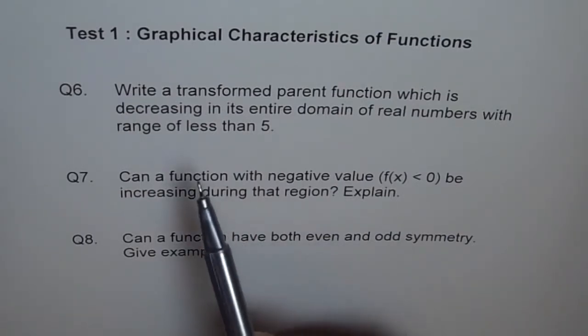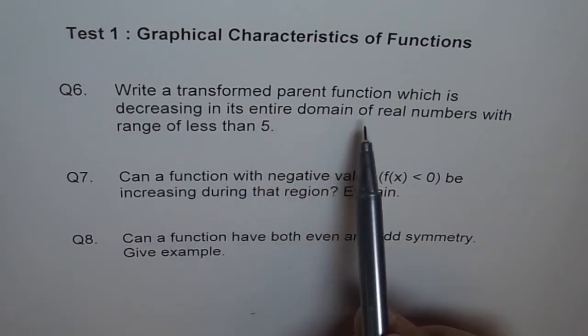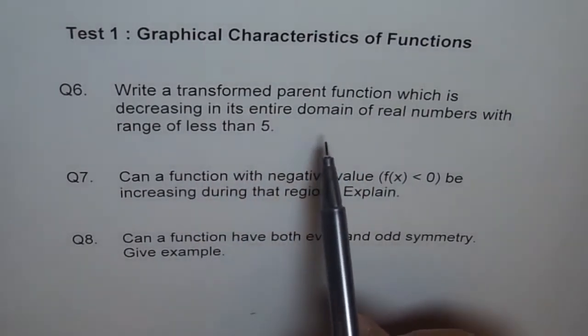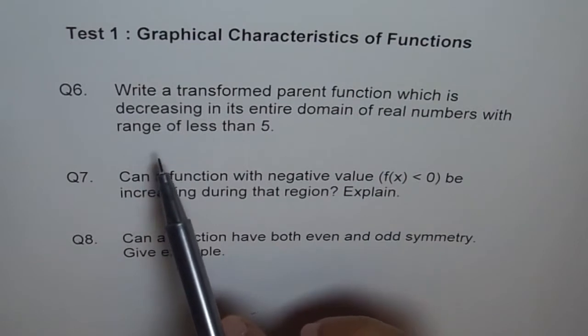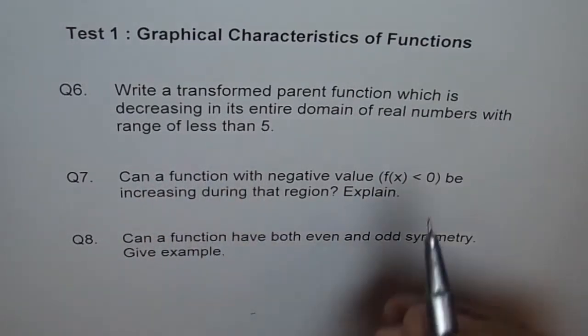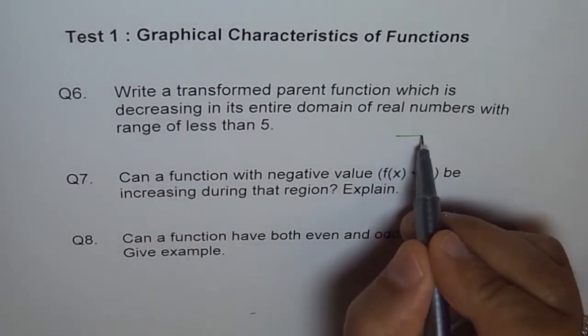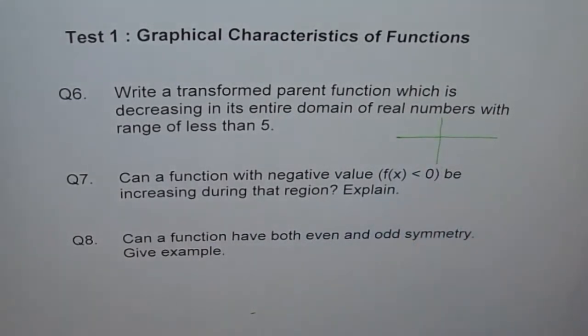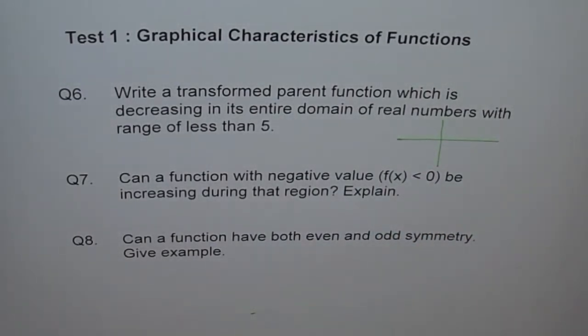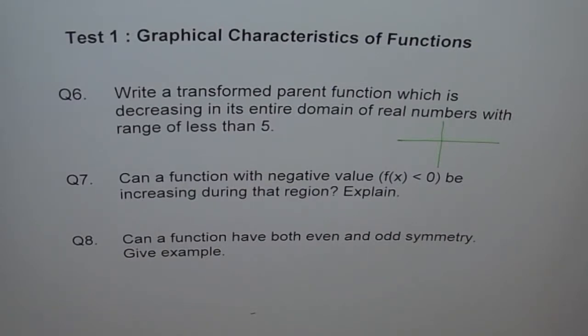Okay, the first one. Write a transformed parent function which is decreasing in the entire domain of real numbers with range less than 5. So if you remember your parent functions, the only parent function where the range is less than or greater than and which is on the entire domain of real numbers is the exponential function, correct? Now, the reciprocal function has a restriction that it cannot be 0, right?